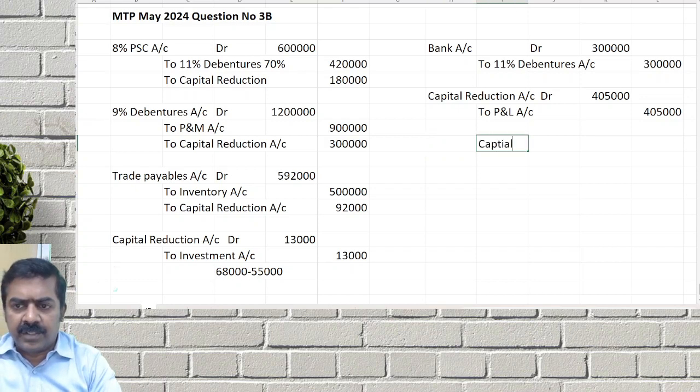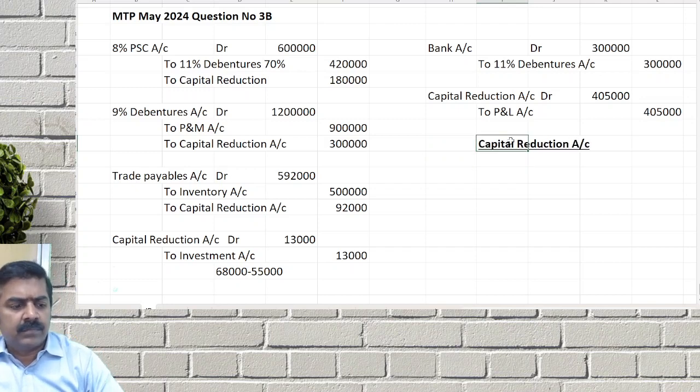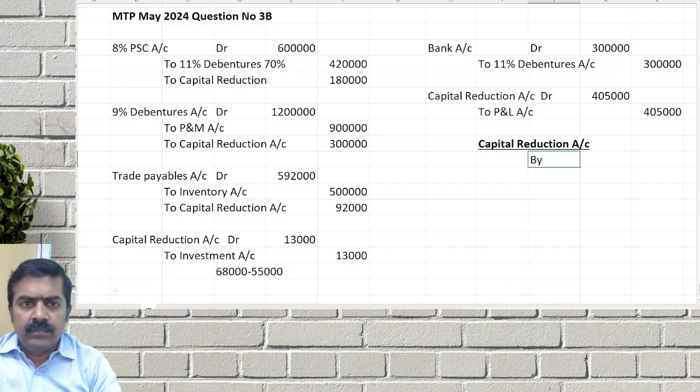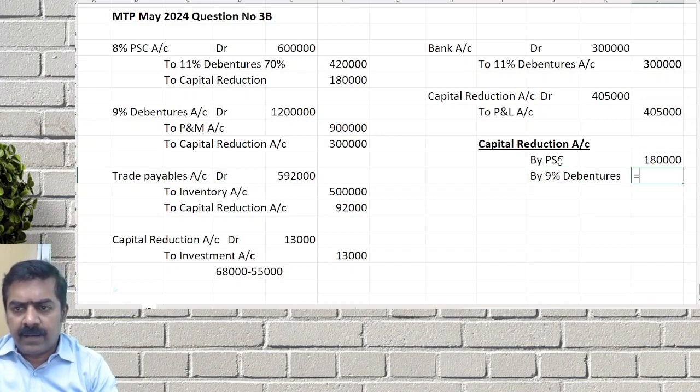Prepare the capital reduction account. By preference share capital, how much is there? 1,80,000. By 9% debentures, how much transferred? 3 lakhs.